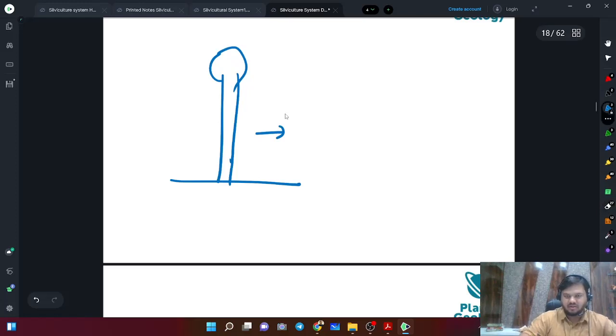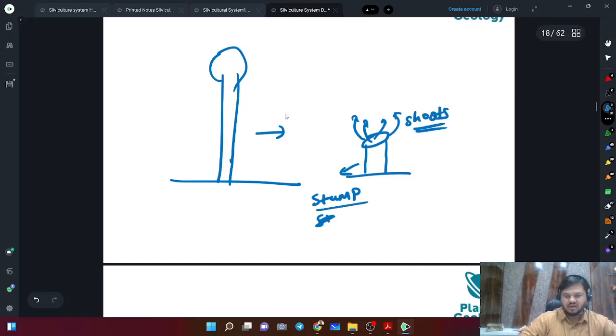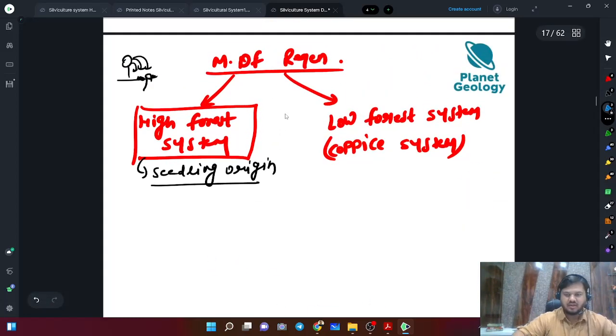So that the rainfall does not accumulate there, and the fungi and all those things don't happen, right? If you cut this tree, the stump which is left, we call it a stump, and from this stump, a lot of shoots will come up, right? A lot of small shoots will come up. It is also called a stool, right? So they will come up. So if the regeneration is in this way, they are coppice or the low forest system, right?